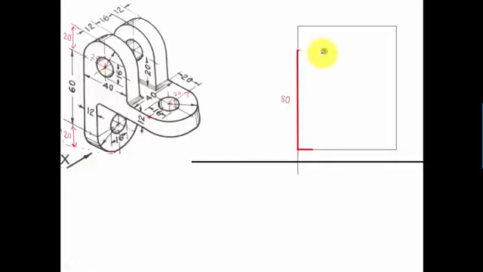There you go. With this as the center and a radius of 20, I'm going to draw a semicircle. Again with this as the center and a radius of 8 millimeters. Let me tell you why 8 millimeters. This circle that you see appears to have a diameter of 16, so obviously the radius is going to be 8. With this as center, let's draw a circle of radius 8 millimeters.